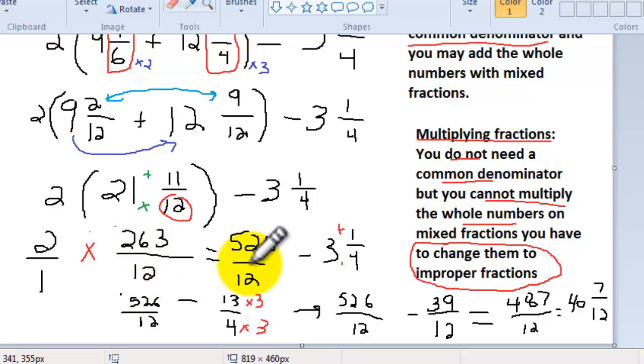All right. And then when you're subtracting again, you have to have a common denominator before you can subtract. You could make these mixed fractions, but since we were most of the way there with the improper fractions, I just left them. Okay, that one is done.